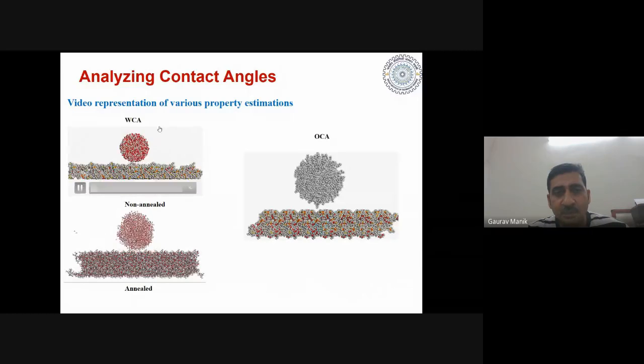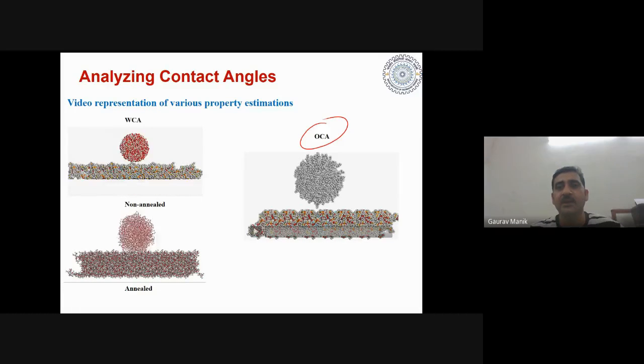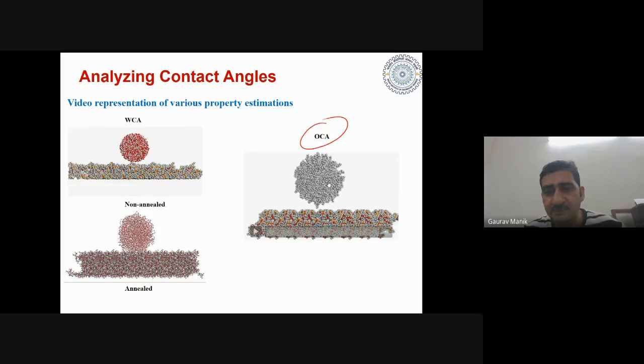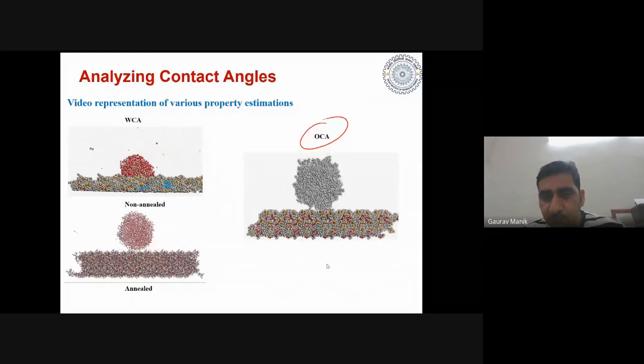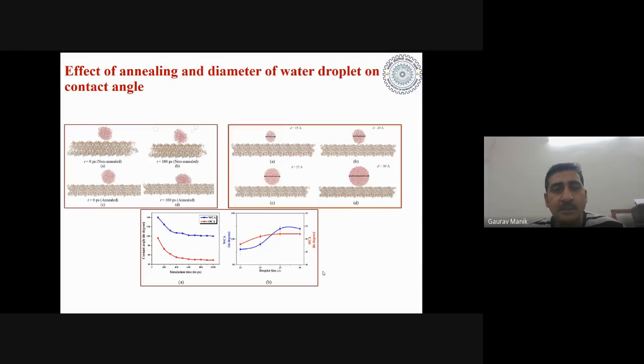These are water droplets on the left-hand side, and on the right-hand side, OCA is nothing but oil contact angle. So how does oil behave? The oil falls and then finds an equilibrated contact angle. In terms of simulation time, the contact angle decreases and then tends to saturate, for both oil and water.